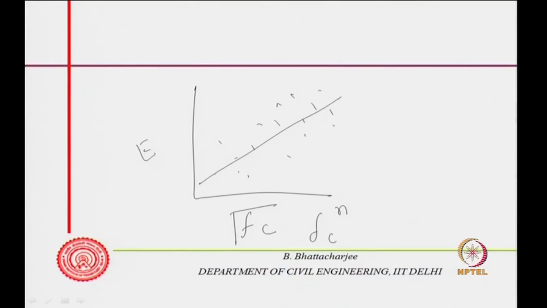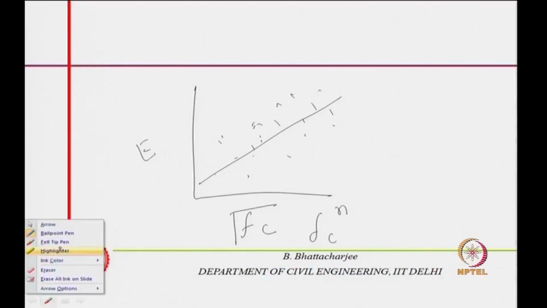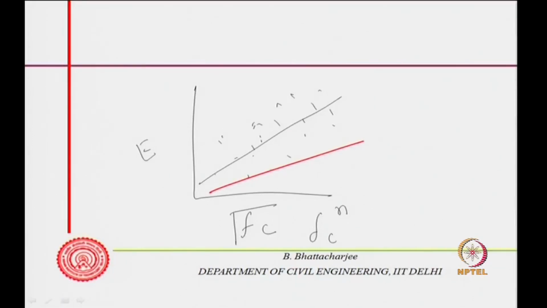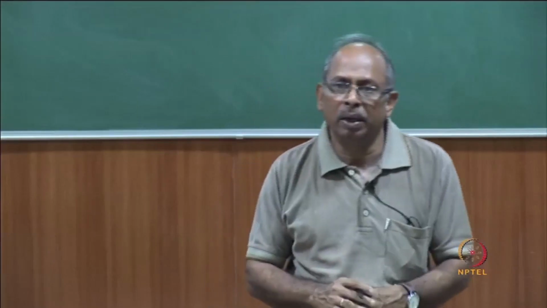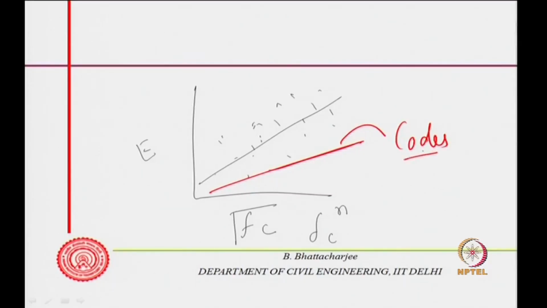Now, the code would use a value of modulus of elasticity somewhere there, a conservative value of E, it takes a lower value of E, because effects of creep, long term behavior, and several other things come into the picture. So, the code takes this sort of stand actually.